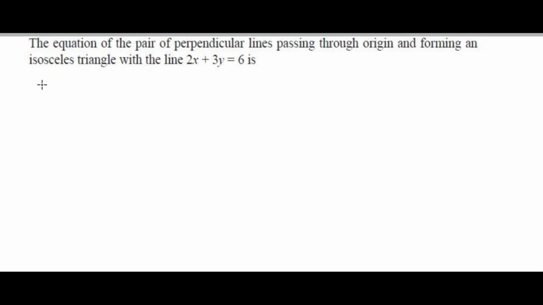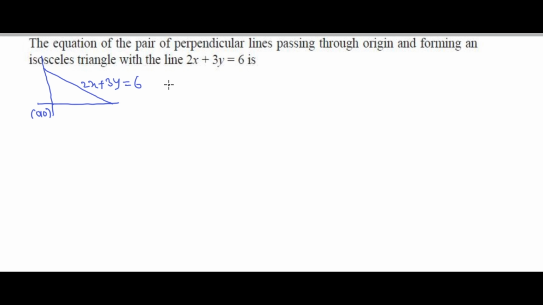The equation of the pair of perpendicular lines passing through the origin and forming an isosceles triangle with the line. Here a pair of perpendicular lines is given. This is the pair of perpendicular lines passing through the origin 0, 0, and making an isosceles triangle with this line 2x plus 3y is equal to 6.